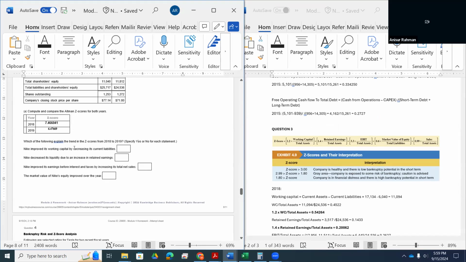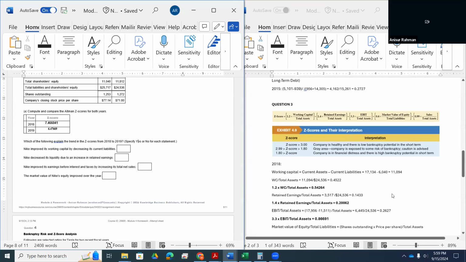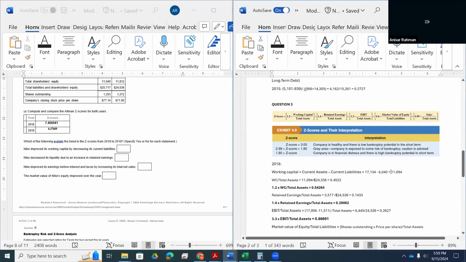Which of the following explain the trend in the Z-score from 2018 to 2019? Nike improved its working capital by decreasing its current liabilities. Let's see. So working capital was 11,094 in 2018.